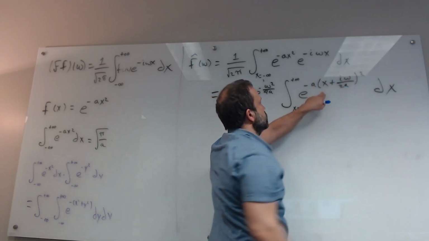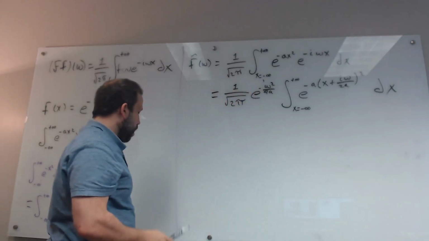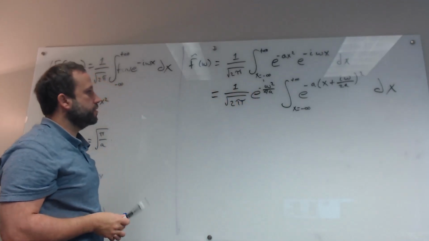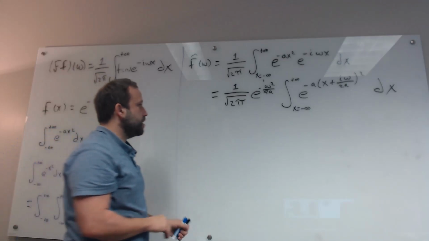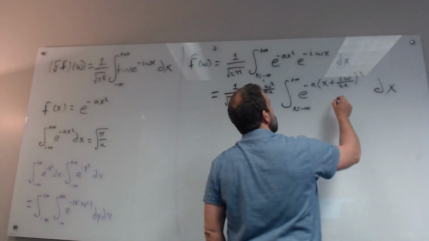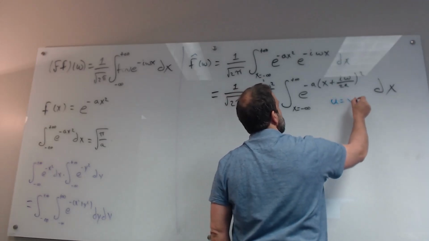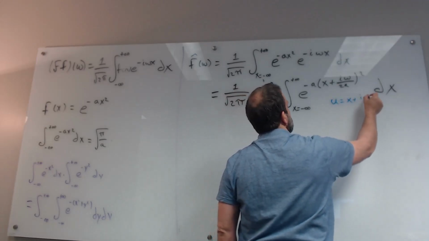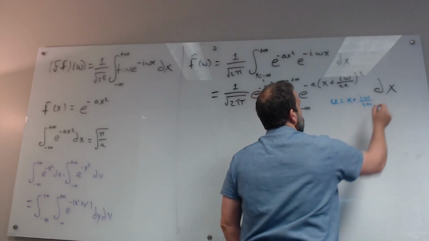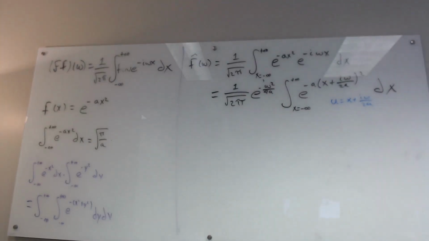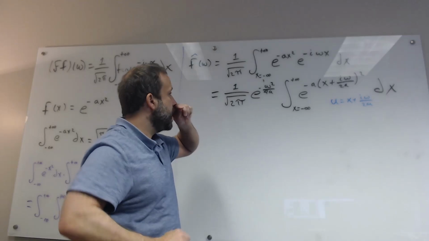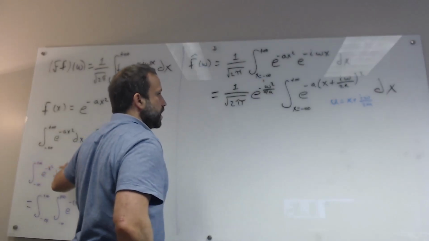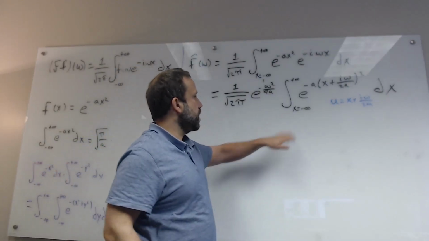Okay, well this is good, because what we're going to do is a u substitution here. We're going to say that u is equal to x plus i omega over 2a. What we're doing is just shifting this in the complex plane, and a similar computation to what we did over here will show that it's equal to this.